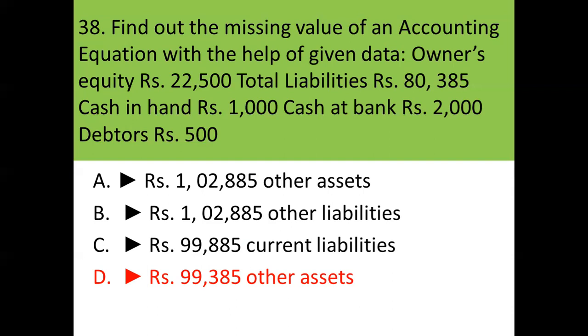Equity plus liability is 22,500 plus 80,385, which is equal to 102,885, and we subtract the asset we have, 3,500, and we have a gap of asset of 99,385, which will be another asset that we need.